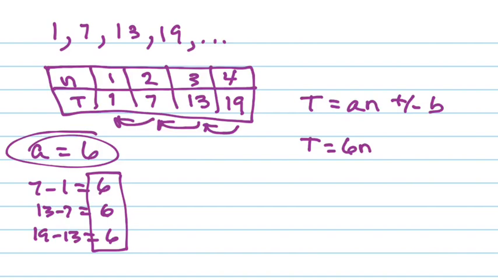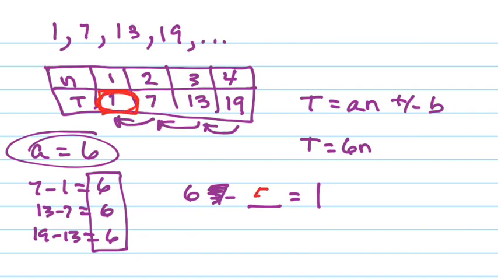Now I need to know what my B is. To do that, I just think 6 plus or minus something has to equal 1. Well, I can't add anything to 6 to get a 1, but I can certainly subtract something from 6 to get a 1, right? And again, I'm using 1 because that's the first number in my pattern.